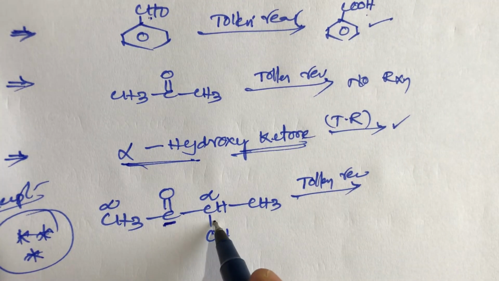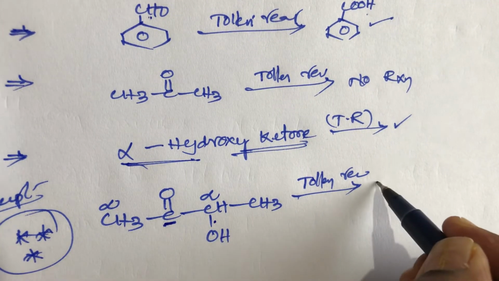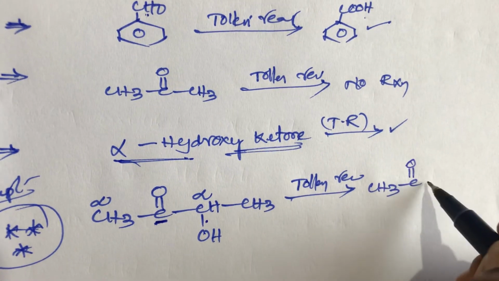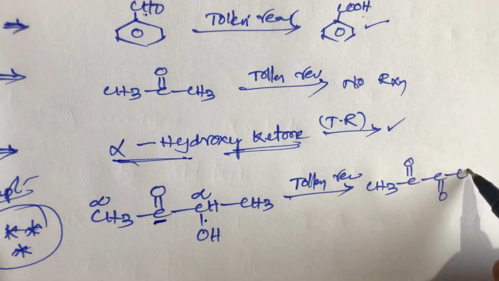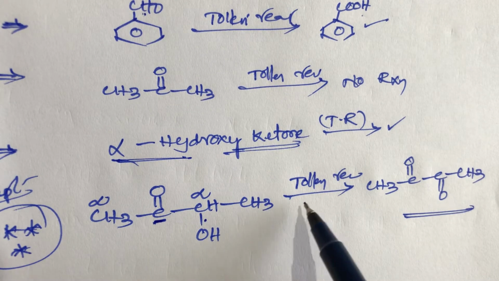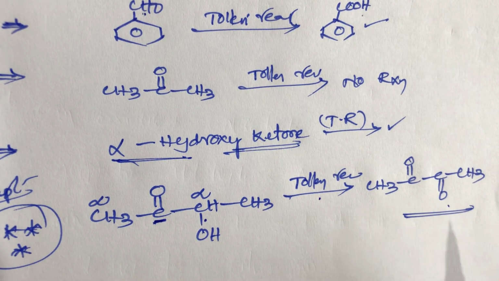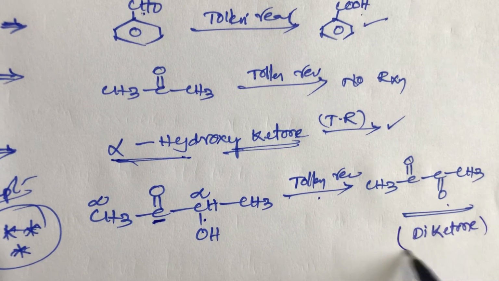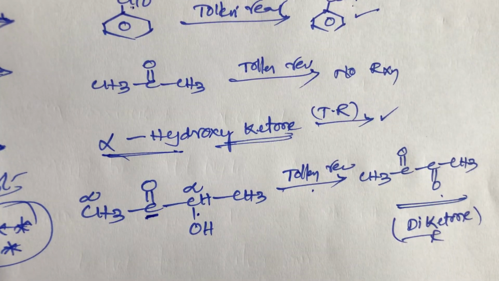This secondary alcohol is converted into a ketone, that is CH3CO, then CO, then CH3. This secondary alcohol in the presence of Tollens reagent gives a ketone, that is called a diketone. This is very important. So that is some exception cases.